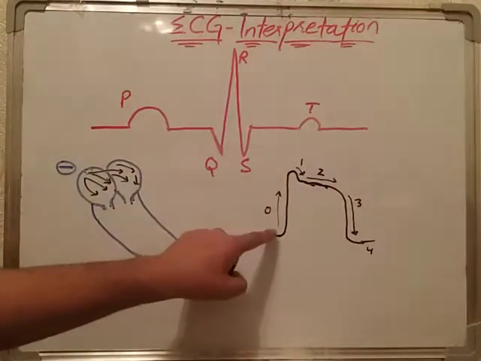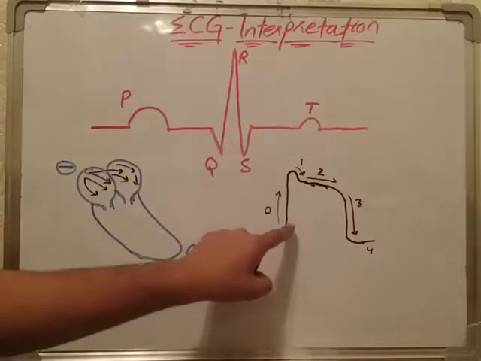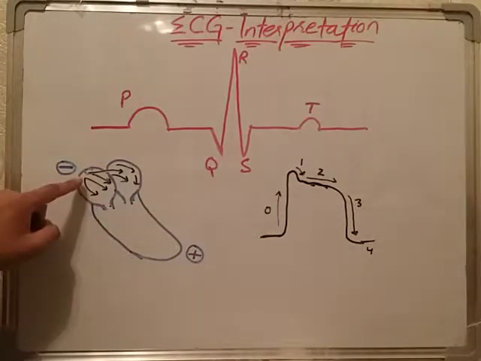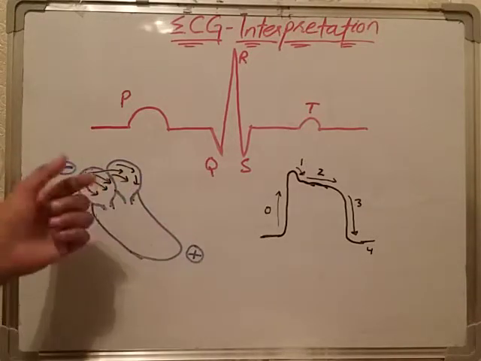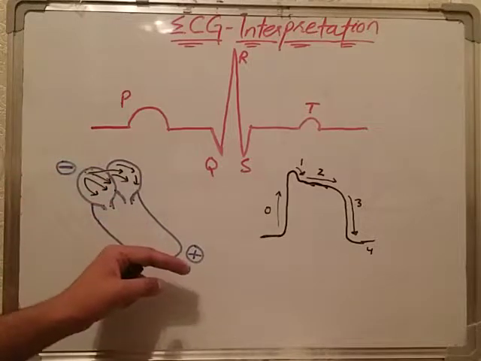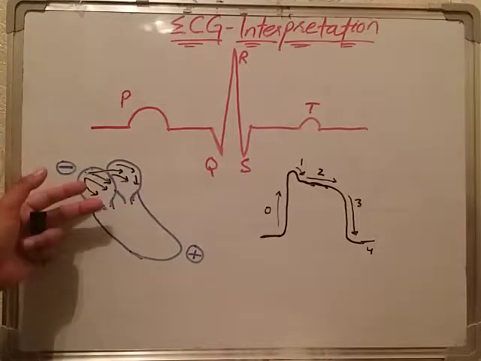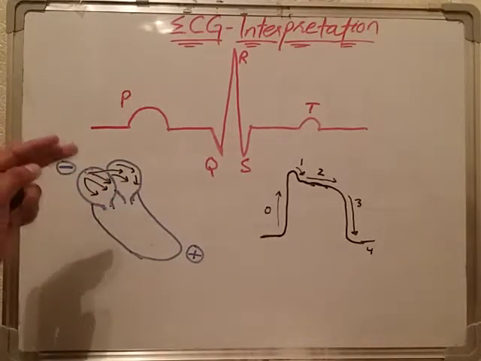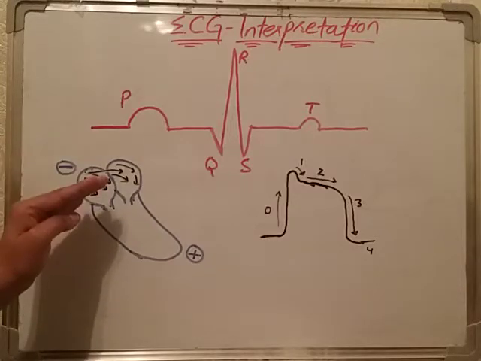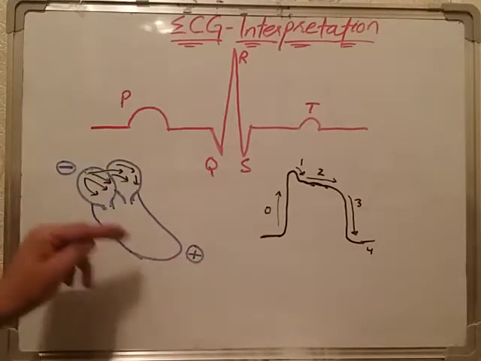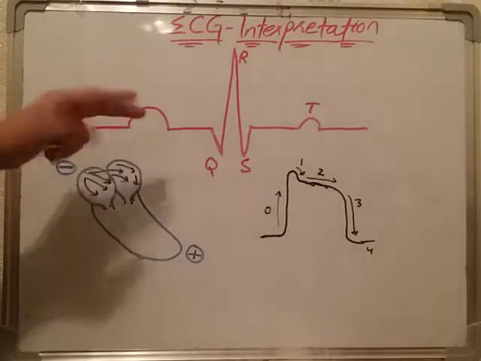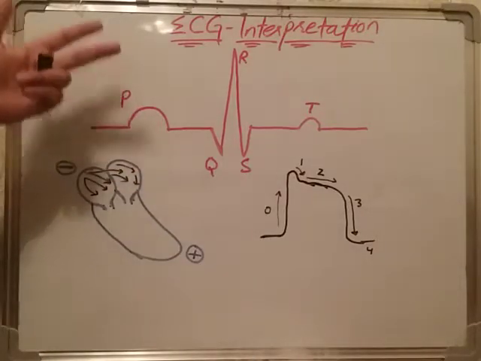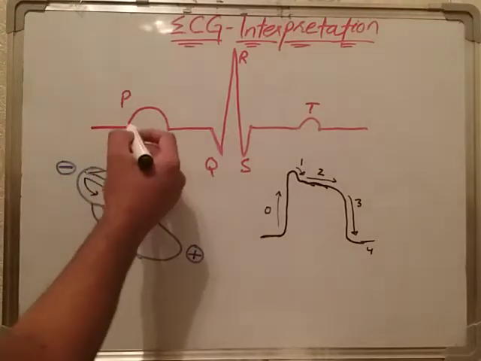So depolarization means moving toward the positive, here moving downward. So here we can interpret a positive wave in the upward direction. That is the P wave.